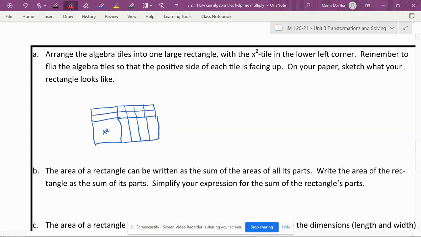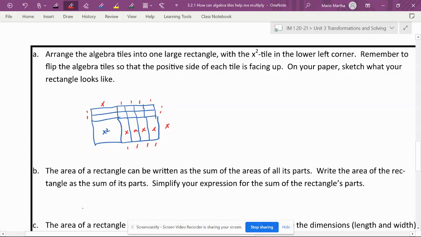All right. So again, let's label these. So this is X, X, X, X. These dimensions are all 1. This length is X. This is also 1. All these little squares are 1s. And then this is X. These little sides are also 1.